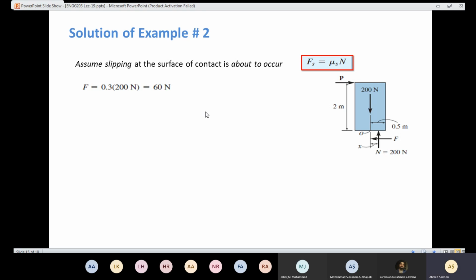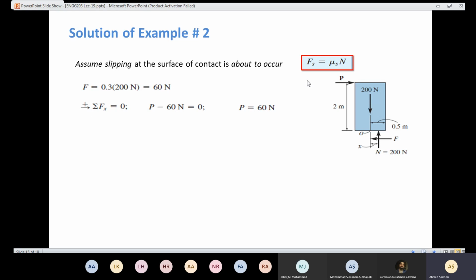Then I'm going to take the moment about point O. But before that, I apply the summation of the forces in the x-axis should equal 0. That means the value of P is going to be 60 newtons. If the box is about to slide, then the value of F is going to be Fs, and I can calculate the value of Fs.